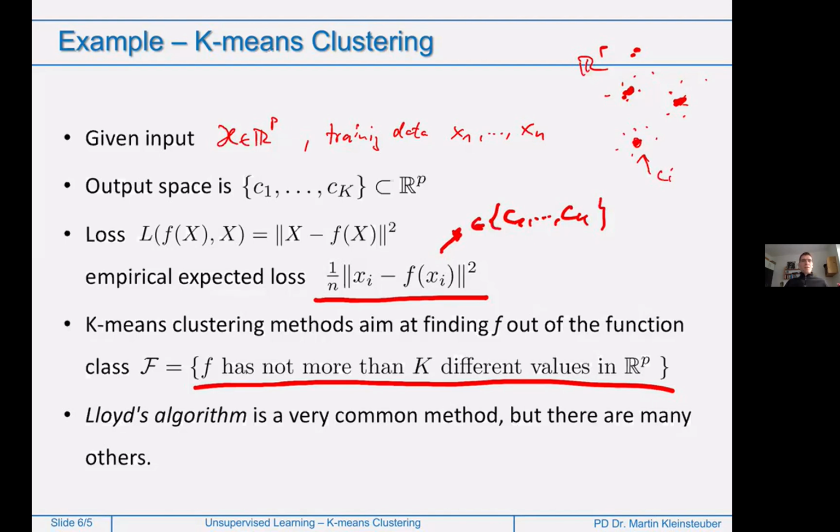If there is not a big difference, I stick to k and don't go to k plus 1. Was that somehow clear? I think it will become clearer when we dig deeper.